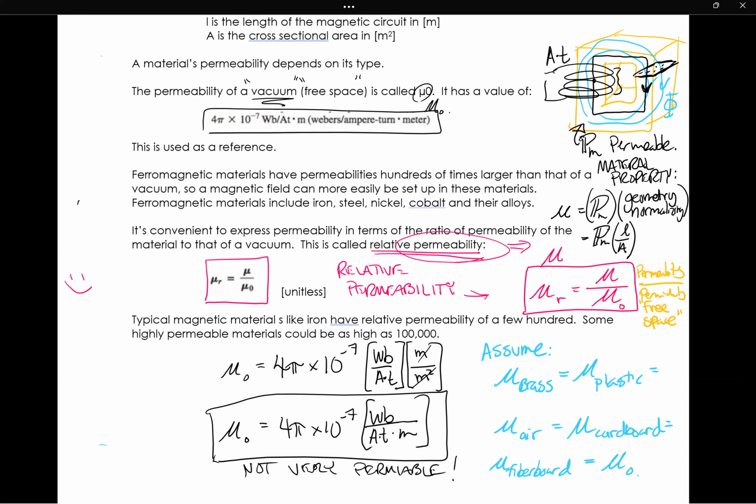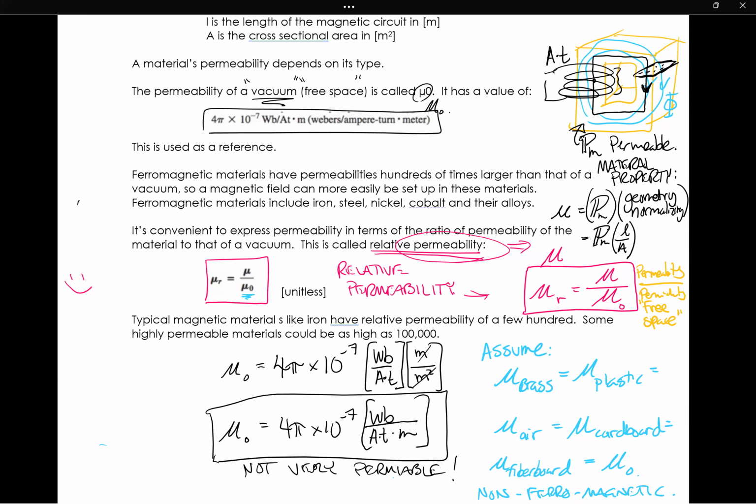Is it true? No. The permeability of brass, plastic, air and cardboard is a little bit higher than that of free space or a vacuum. But for our purposes in the calculations we are going to be doing, it is so small that we can assume the permeability is the same number, 4 pi times 10 to the negative 7, as all of these other things that are basically non-ferromagnetic.